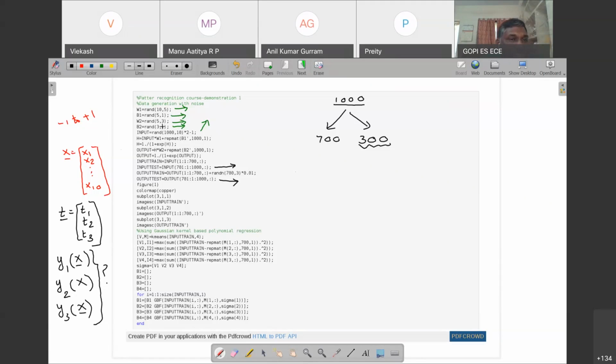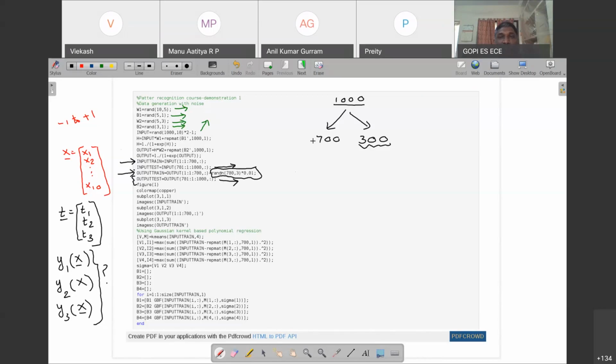The inherent relationship is already established, so the test output does not have any noise. But in the training part, we are adding noise because the observations are noisy.